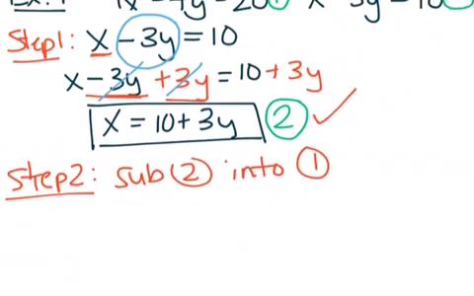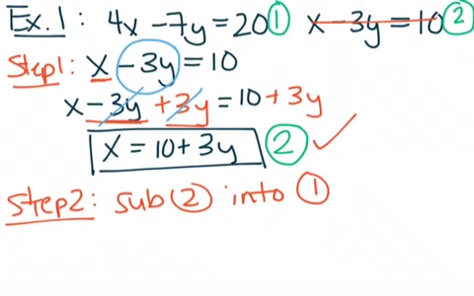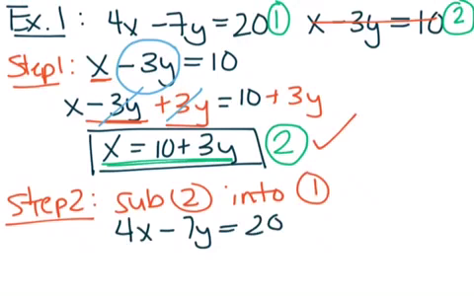So I'm going to rewrite our first equation, don't forget: 4x minus 7y equals 20. And then it says to sub 2 into it, which means that here is 2 now.